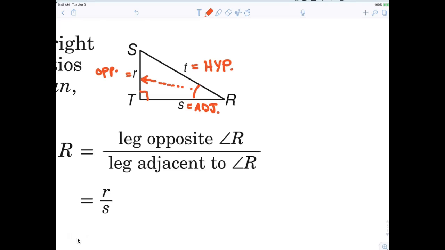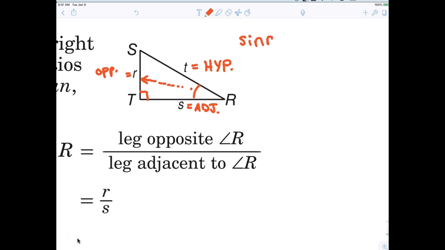What they're asking about is, what is the ratio of the adjacent over the hypotenuse? That creates a different angle measure.